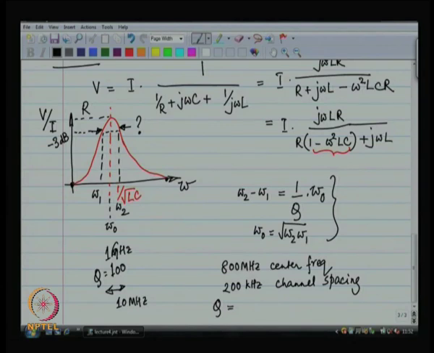You need a quality factor of 4000. Now, such quality factors are very hard, if not impossible, to achieve. Even with discrete components, a quality factor of 4000 is most probably not going to be possible. On an integrated circuit, you can achieve quality factors probably up to 10.